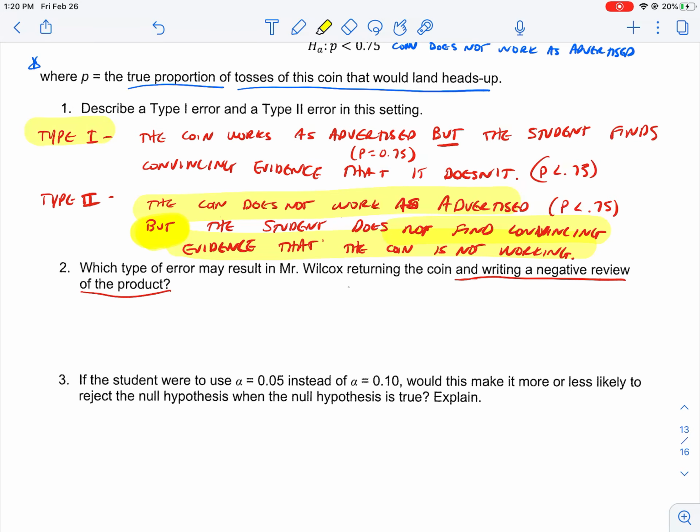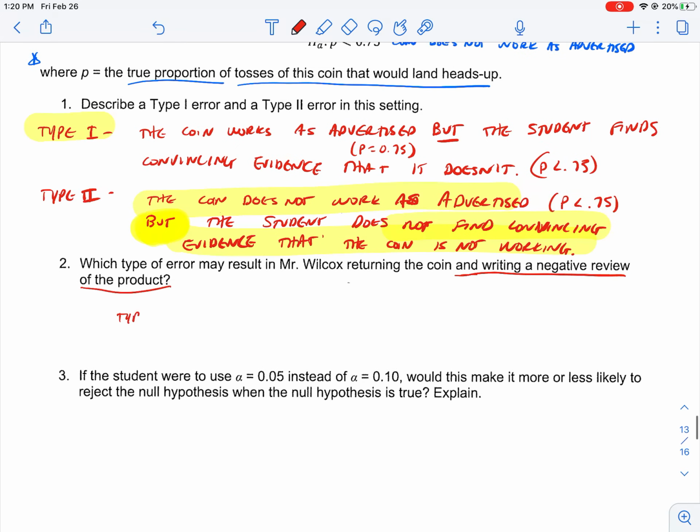So this would actually be a type 1 error here, because Mr. Wilcox returns the coin even though it actually works.